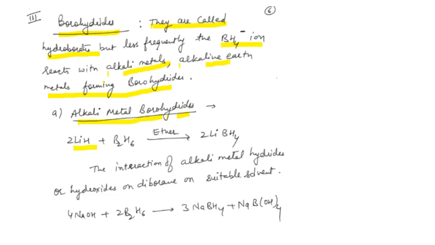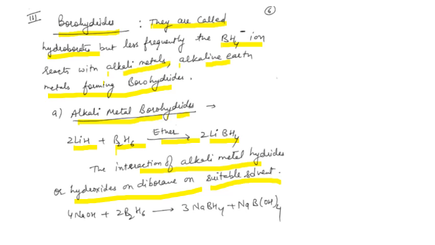Lithium hydride, when reacted with diborane in the presence of ether, forms lithium borohydride. Understood? Lithium is an alkali metal. When alkali metal hydrides or hydroxides interact with diborane in a suitable solvent like ether, they form lithium borohydride.